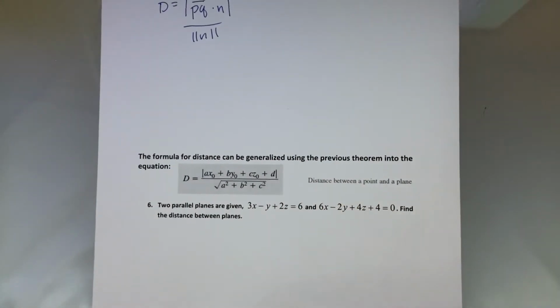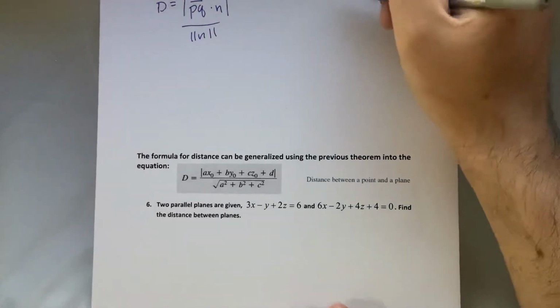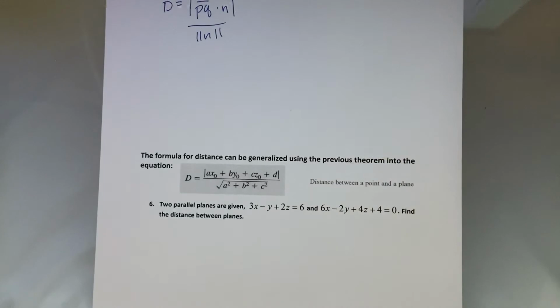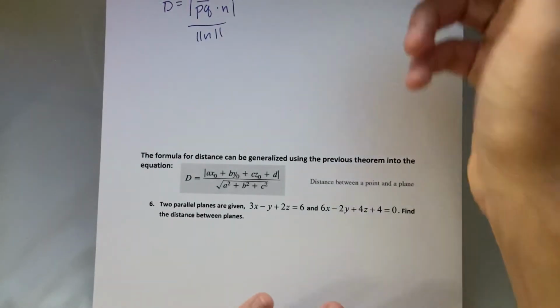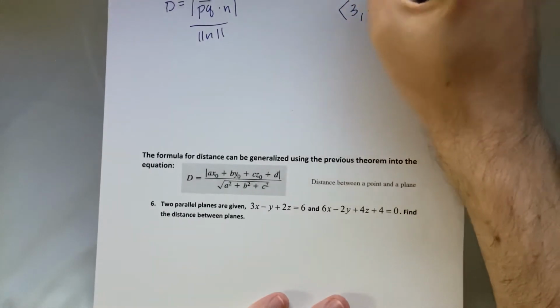So find the distance between the point 1, 5, negative 4 and the plane 3x minus y plus 2z equals 6. Now, we need the norm here, which is just the coefficients for our x, y, and z. So 3, negative 1, 2.